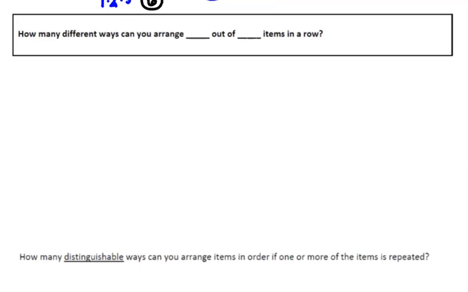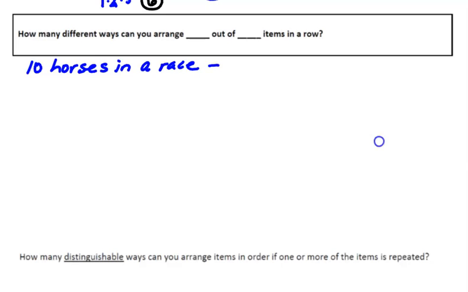Now sometimes I don't want to arrange all of my items, I just want to arrange some of my items. So let's say, for example, that there are 10 horses in a race. I have no idea about the ability of any of these horses, and I just want to try to pick who's going to be the winner, who's going to come in second, and who's going to come in third.